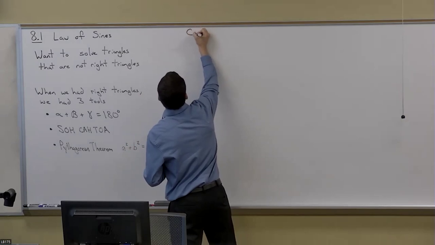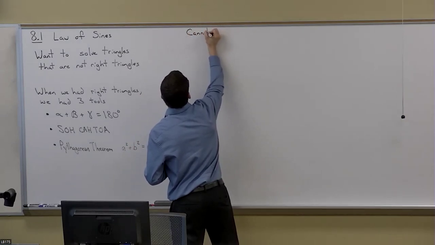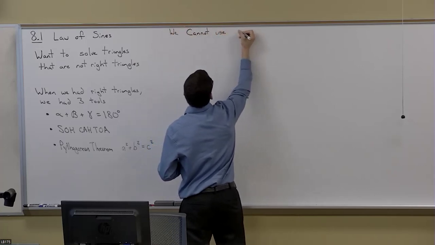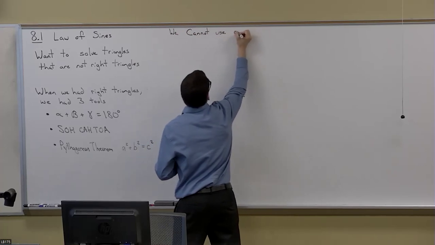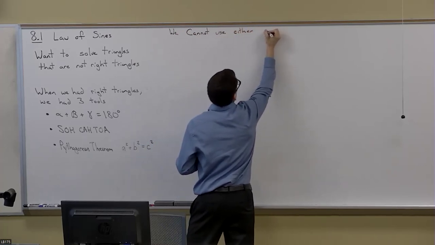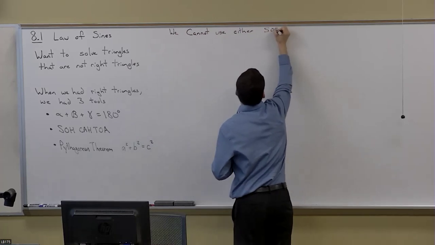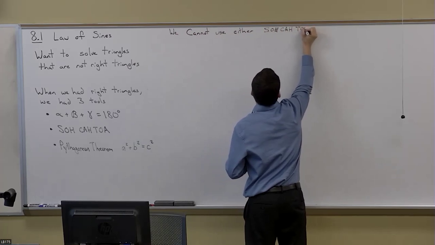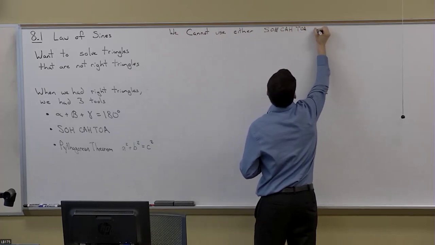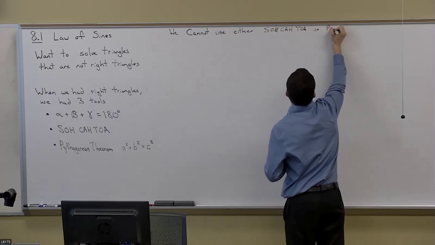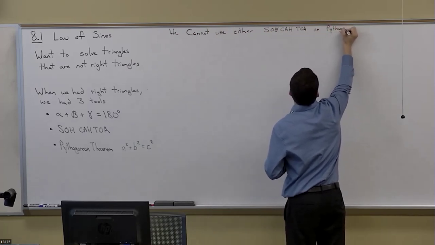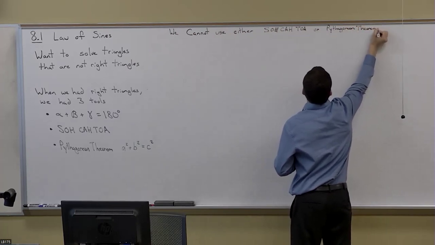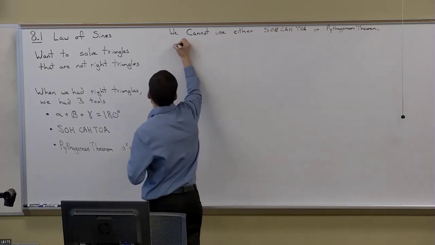So we cannot use either SOHCAHTOA or Pythagorean theorem with triangles that aren't right.